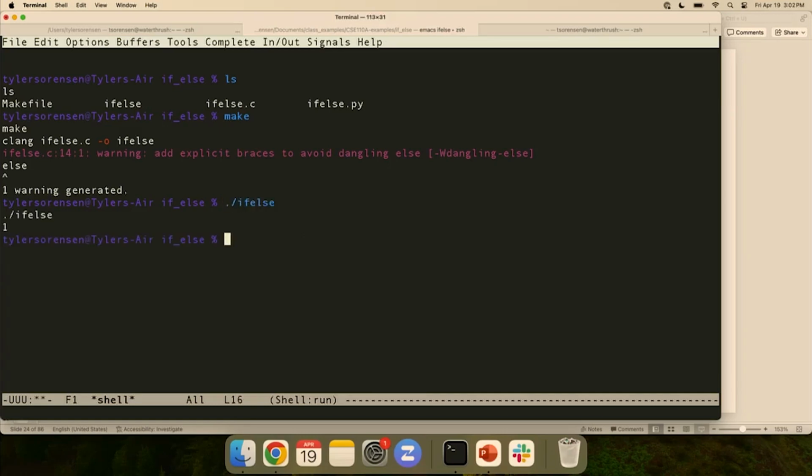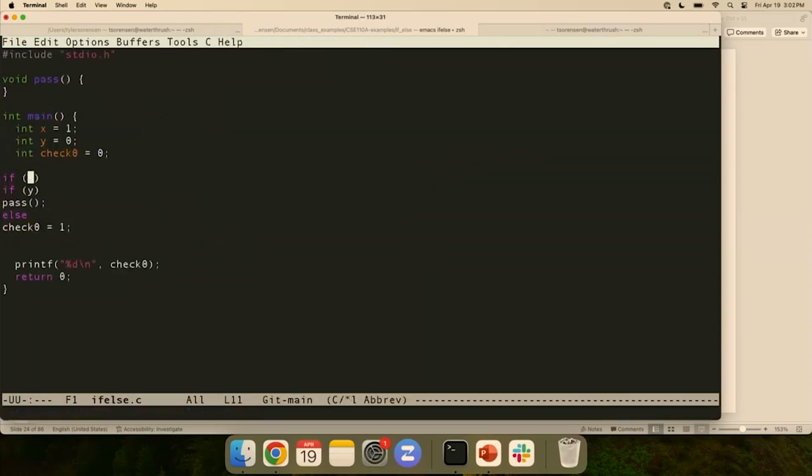So we can run if else, and we get 1. The reason for that is if we were to put braces, we'd get a brace here, get a brace there, and then the auto tab in Emacs knows where that should go. And that's how it ends up looking.